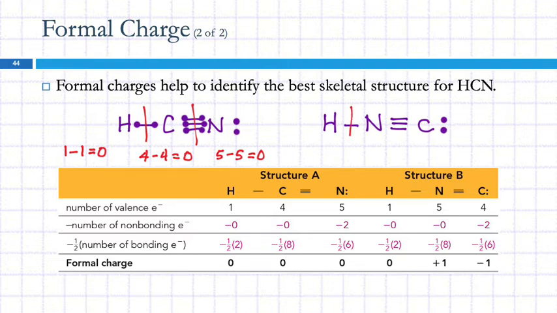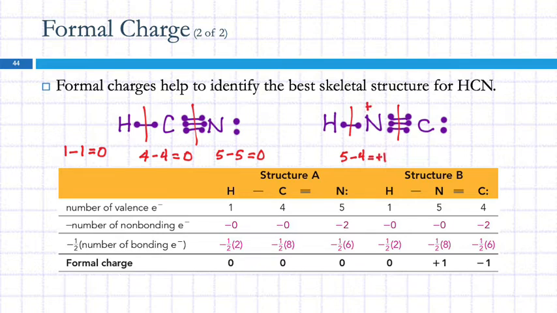Let's look over here at what happens when it's arranged differently. So we don't need to worry about hydrogen. He's always 0. So nitrogen brought 5 in group 5A. How many does it leave with? 4. So 5 minus 4 is positive 1.